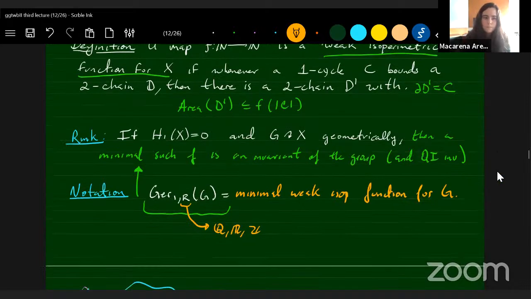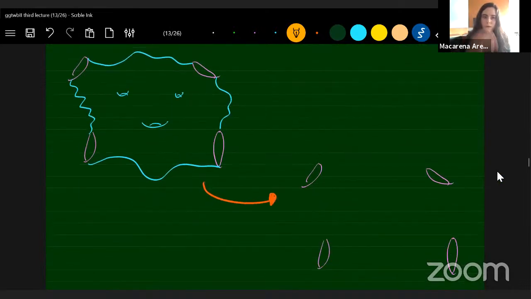Okay. So what's the picture? What's the idea of what's happening here? The idea is that we have a cycle, which in this case is purple, this set of curves right here. And it bounds a chain, D. And D is maybe very complicated. Maybe it's a very chunky surface.